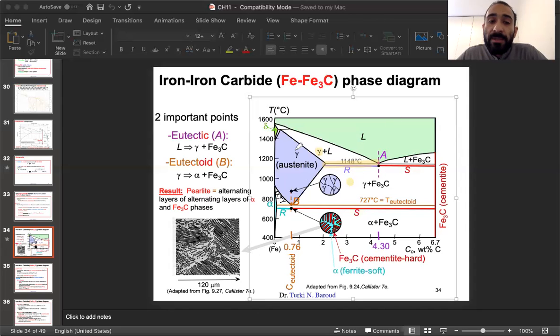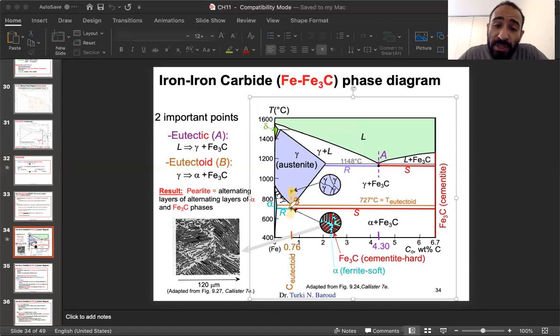Similarly, when we look at the eutectoid reaction, we have a solid phase that's going to transform into two phases, which is alpha plus iron carbide. So if you cool down, the gamma austenite will transform into two solid phases, alpha plus iron carbide.